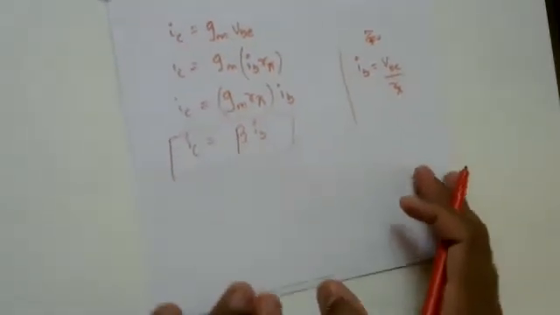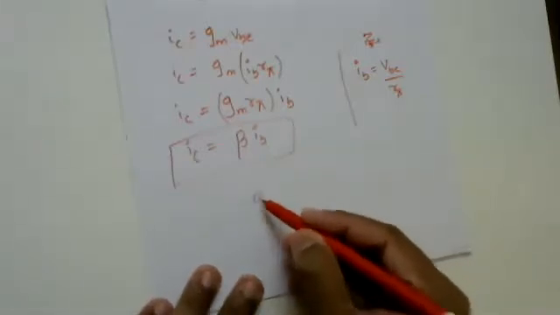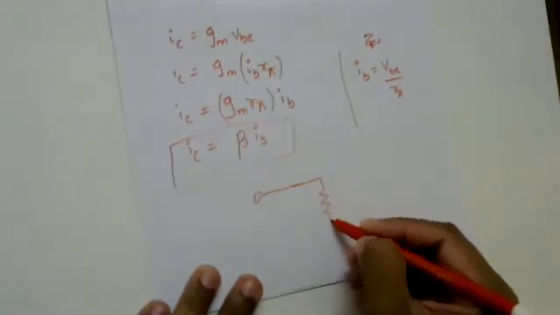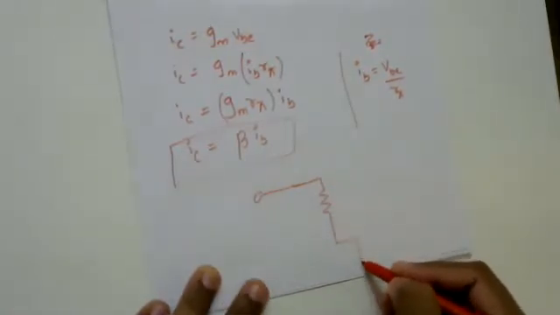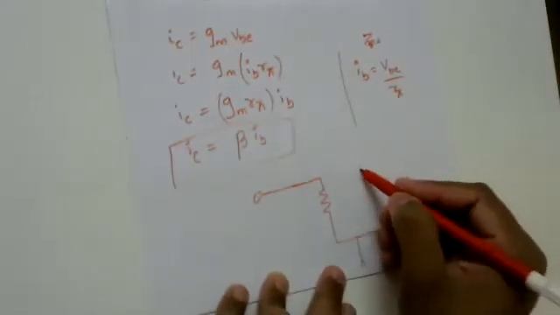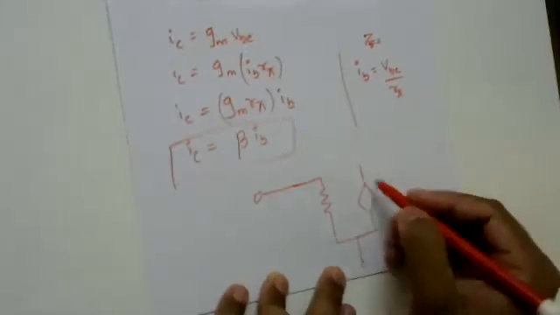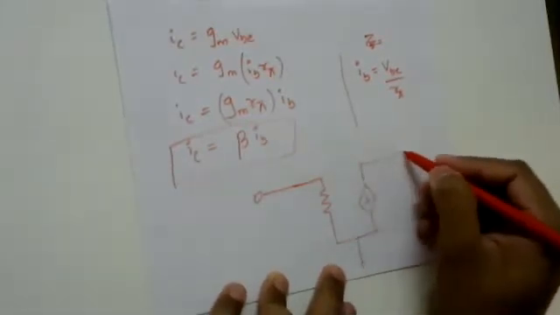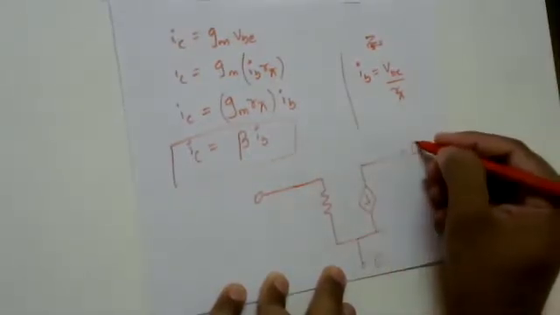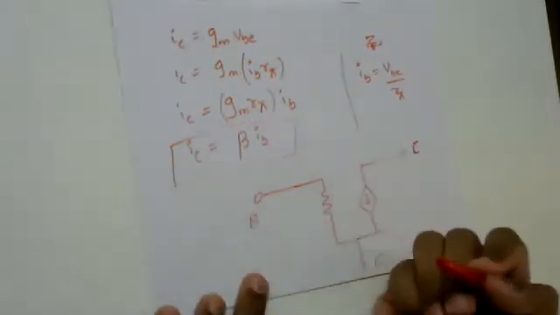If I want to represent a current controlled current source, then this is the base of my transistor. I'll be having the resistance, then next I'll be having a current source. Sorry, this is the emitter terminal. This is the collector, and this is the base.